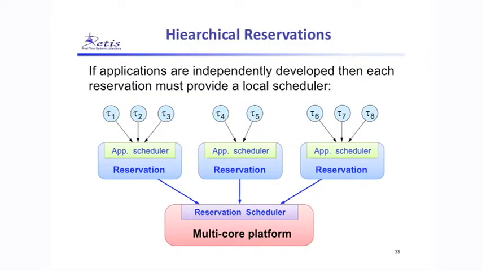And this is the key point to implement hierarchical systems. A hierarchical system is a system built on a processor or a processing platform, which can also be multi-core.